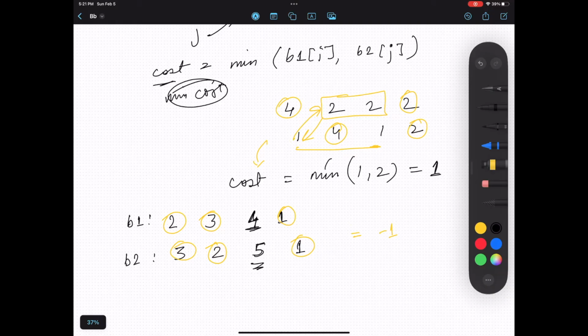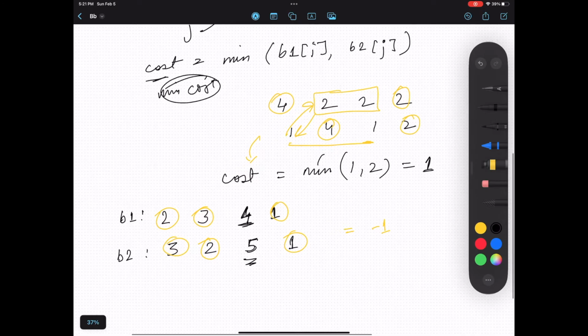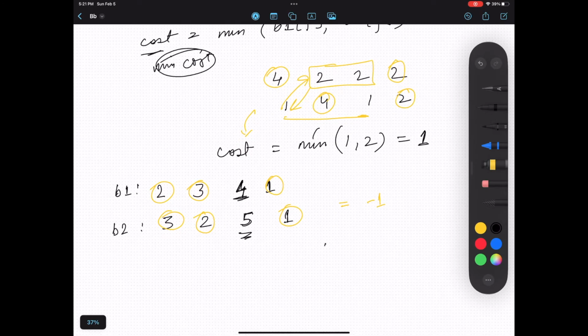If there are an odd number of copies, then they cannot be distributed evenly. So that is one condition: we need even quantities. If any of the mismatched values in B1 or B2 are odd, then we cannot make the baskets look the same, and we would return -1. Otherwise we can make the baskets look the same.